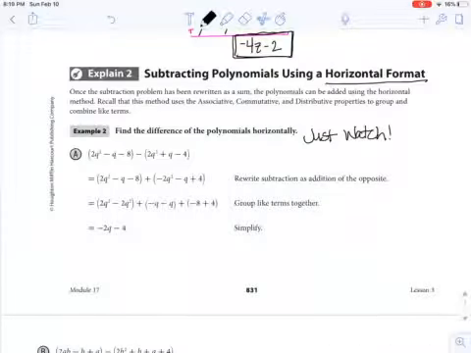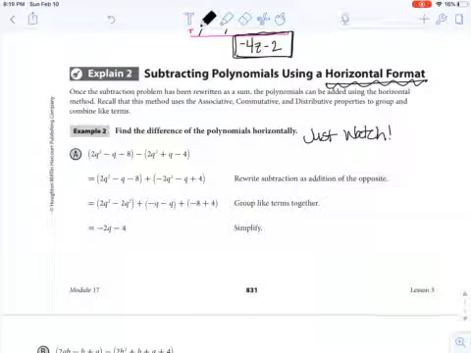So previously we learned how to subtract polynomials using the vertical format. And so we're going to switch it up a little bit. Like the title says, we have this horizontal format. The first thing I want to look at is A, which is 2q squared minus q minus 8 minus 2q squared plus q minus 4.